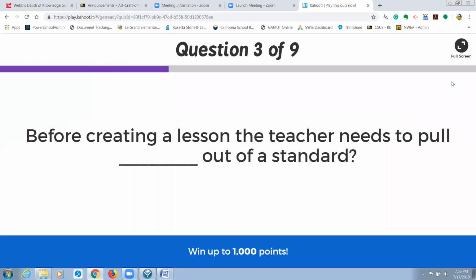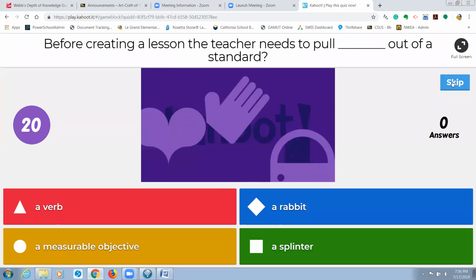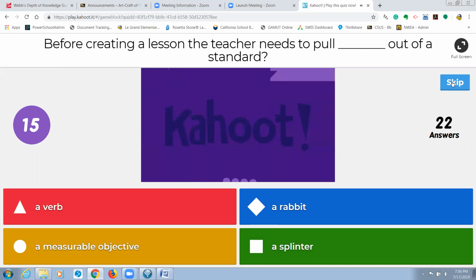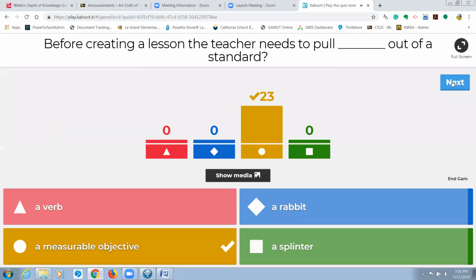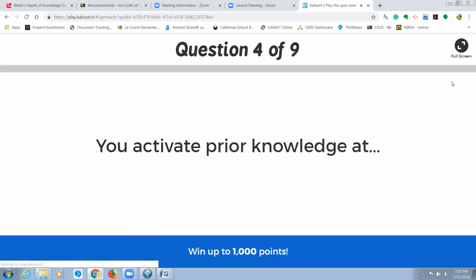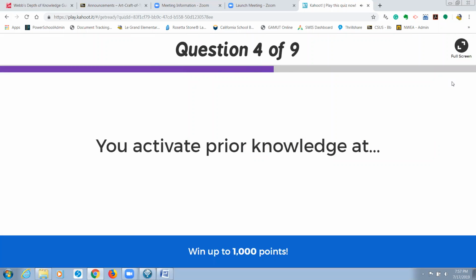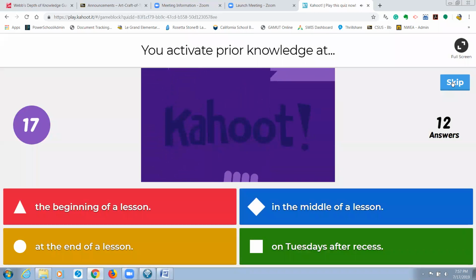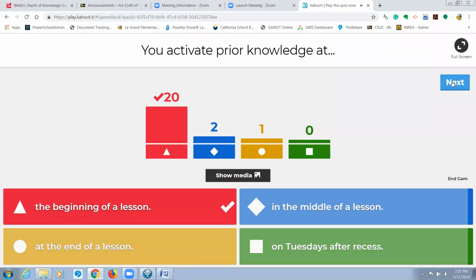Before creating a lesson, the teacher needs to pull what out of a standard? Absolutely. Man, rocking and rolling. Here we go. Activate prior knowledge at the beginning of the lesson, make that connection.